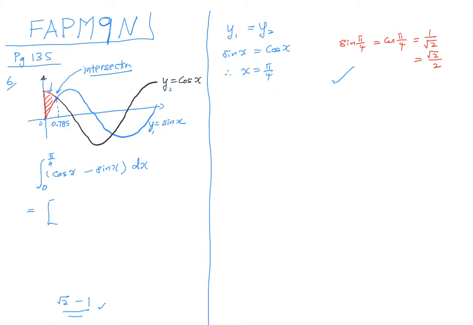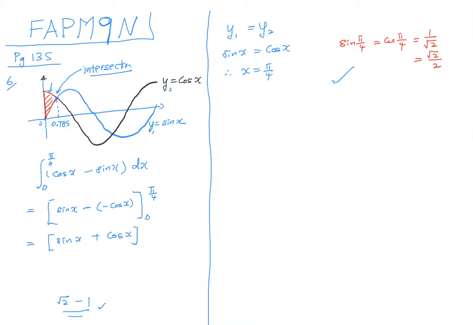Okay, integrate cos, what do you get? You get sin. Integrate sin, you get negative cos. Right? Then 0 to pi by 4. So you get this as sin x plus cos x. Okay.